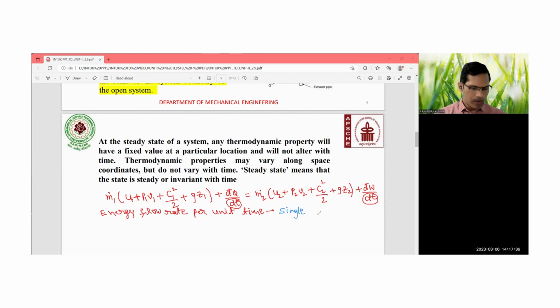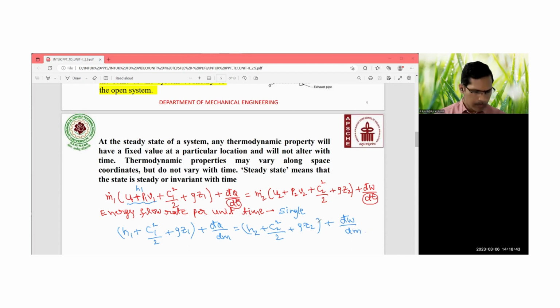Two things you have to observe. This is nothing but H1, so H1 plus C1 square by 2 plus g Z1 plus d bar q by dm is equal to H2 plus C2 square by 2 plus g Z2 plus d bar W by dm.